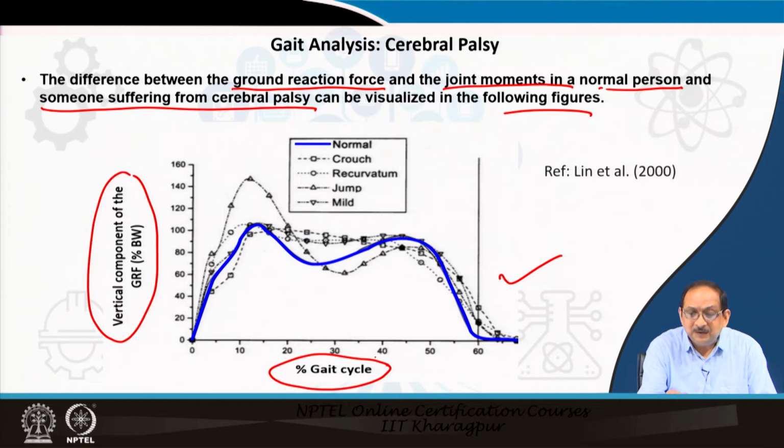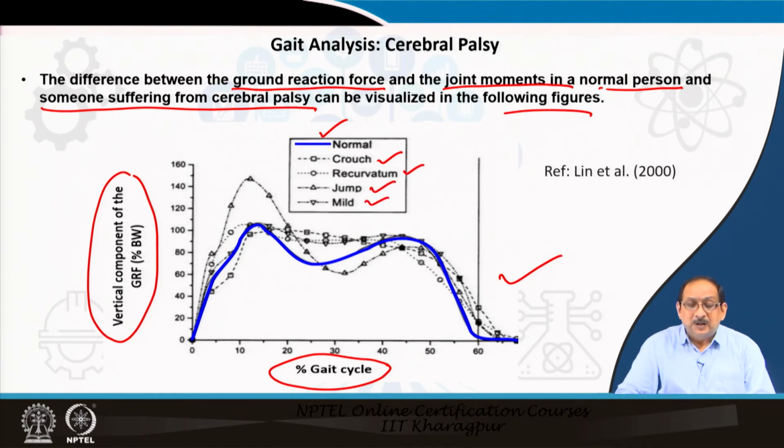In this figure, the vertical component of the ground reaction force is presented in terms of body weight during the gait cycle. You can see the blue line. The blue line corresponds to the normal patients, and all other curves correspond to different gait patterns of cerebral palsy patients, and these gait patterns are crouch, recurvatum, jump and mild.